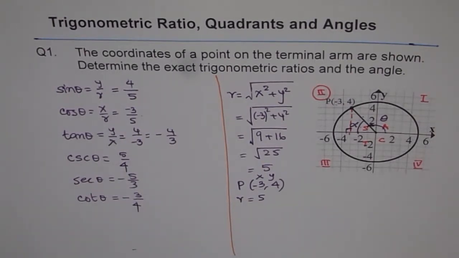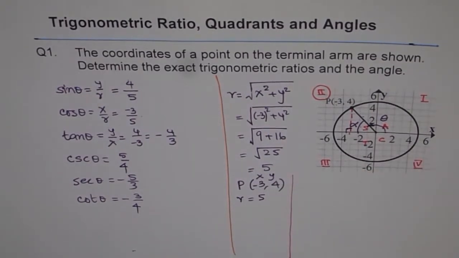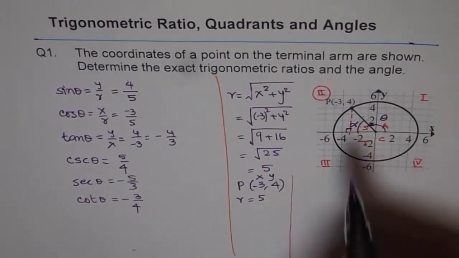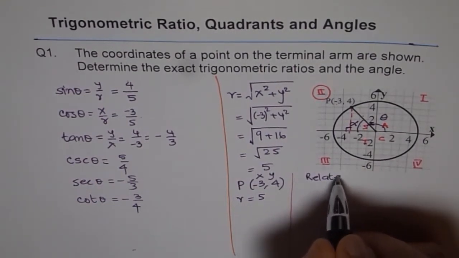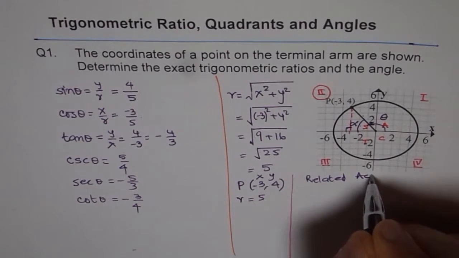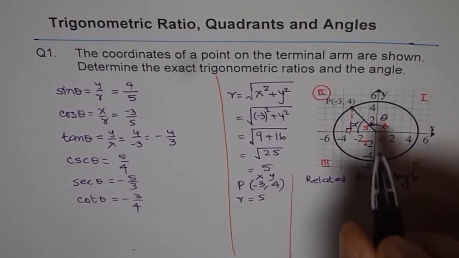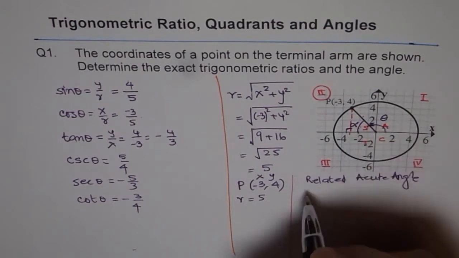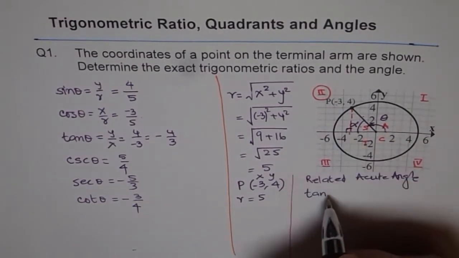Now let's find the principal angle, which we find first by finding the related acute angle. Let alpha be the related acute angle.